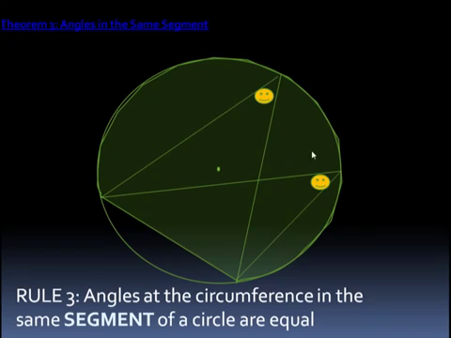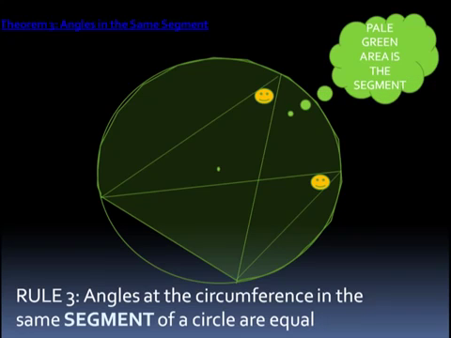And notice the light blue is the major segment. So these two angles are in the same segment, and angles in the same segment, according to circle theorem 3, are equal. Yep, the pale green area is the same segment.